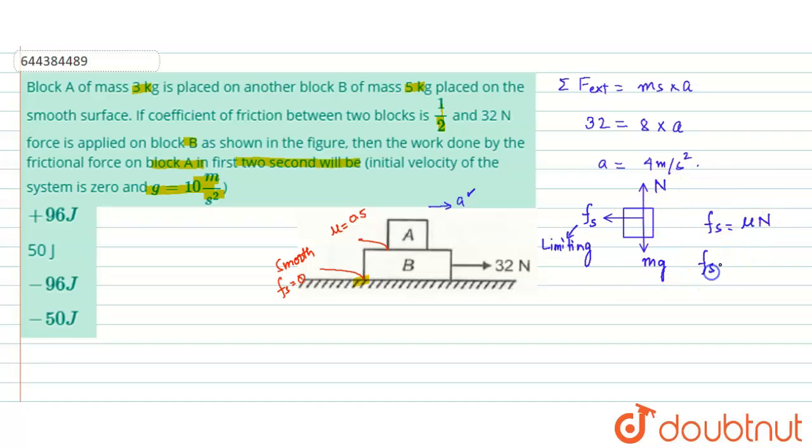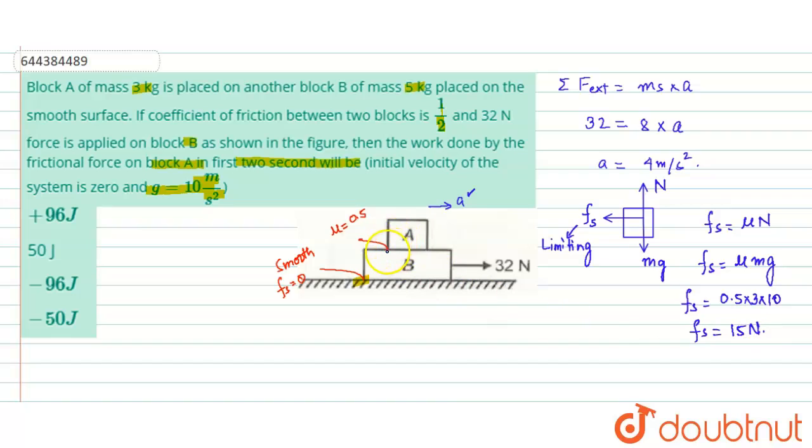So the maximum friction force which can act is mu mg. Now let us put in the values: mu is 0.5, m is 3, and g is 10. So 0.5 into 3 into 10 gives the maximum friction force as 15 Newton.